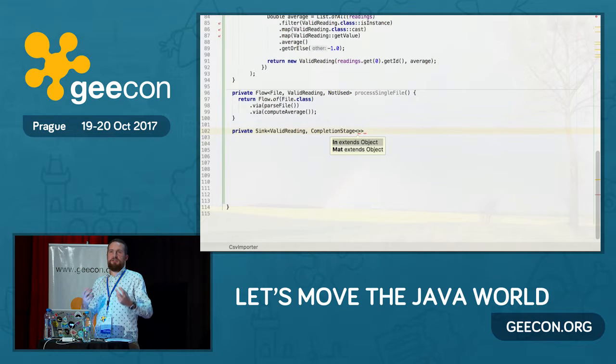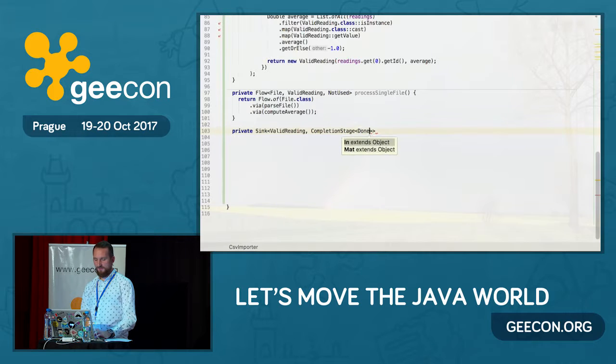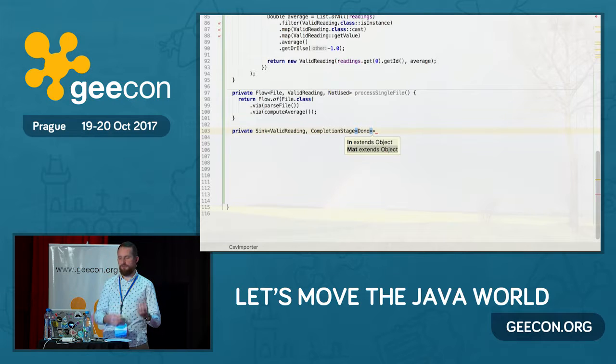Once again, the materialized values are something that is emitted to the outside world, and we'll be able to get hold of it and use it somewhere. And now we're going to use another abstraction for Java's void and Scala's unit, which is called Done. It's similar to the NotUsed type that we have used before. But the purpose of creating yet another type, which basically does the same, is that it abstracts Java and Scala APIs that are different.